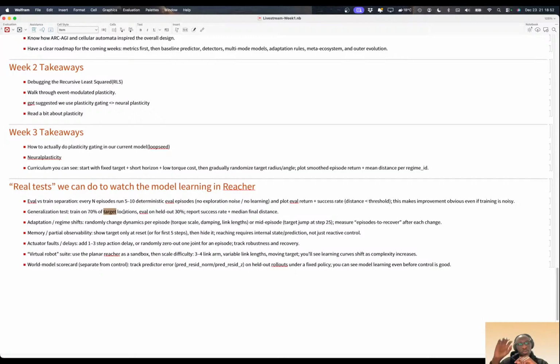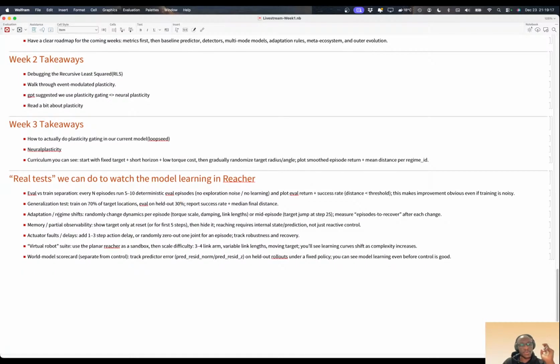We have to know coordinates for the agent in this environment. So those are what we're calling target locations, 70% of them for training, and then we evaluate on the other 30% and report success.